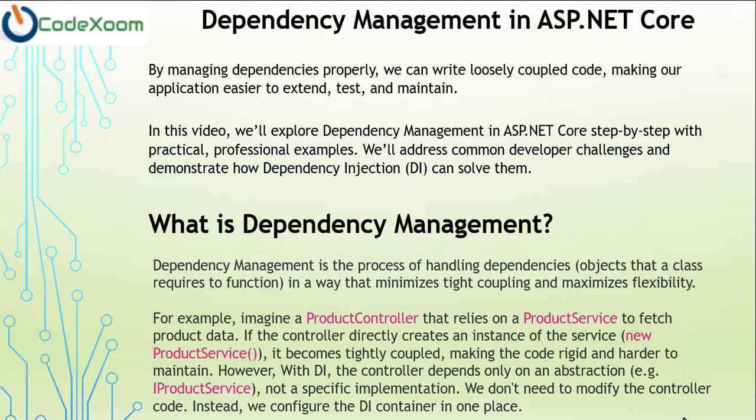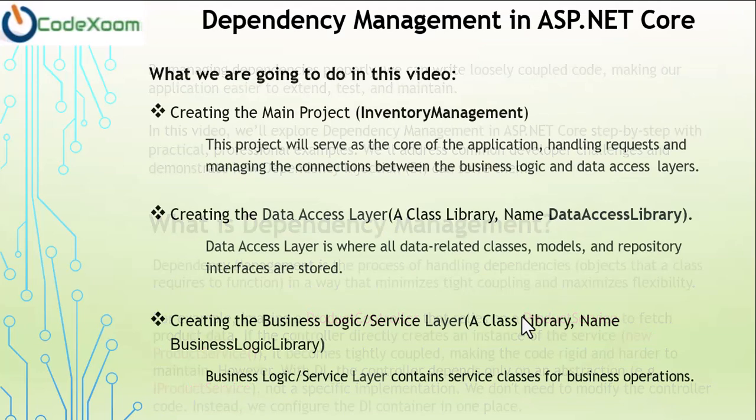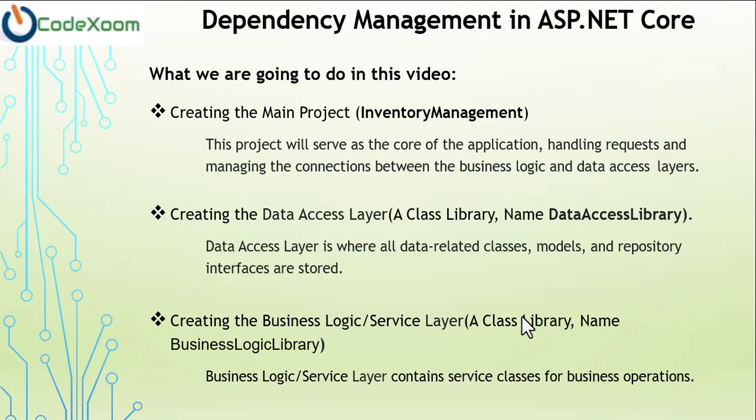Okay, let's have a look. What are the steps we will be doing in this video tutorial? First, we'll create our main project and name it Inventory Management. Then we will create a data access layer, and to do this we will take a class library named Data Access Library.